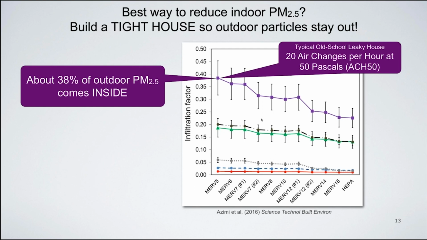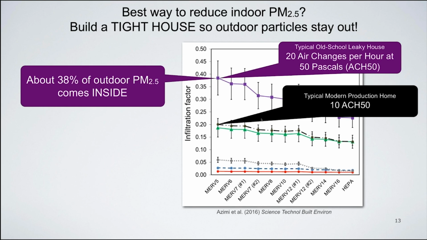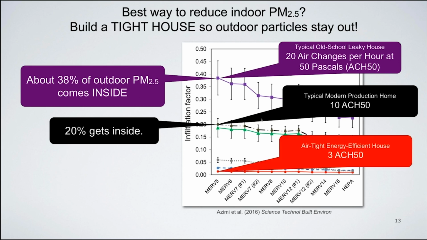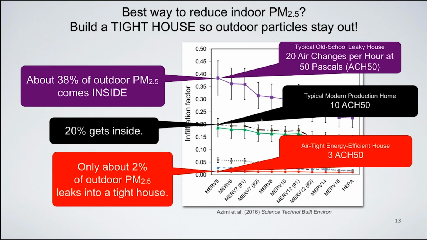So what it means is that in this case, about 38% of the particulate matter indoors that started out in the outdoor air is what's outdoors. So that's probably the best way to think about this. By having a house that's twice as tight, 10 air changes per hour at 50 pascals, only about 20% of it is actually managing to get from outside, transport into the inside, and remain in the indoor air in a persistent way.